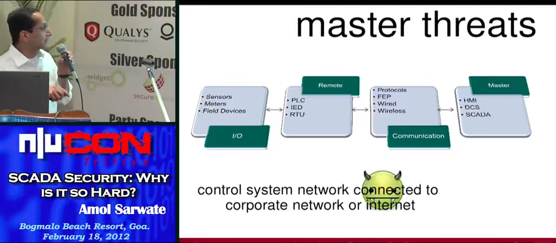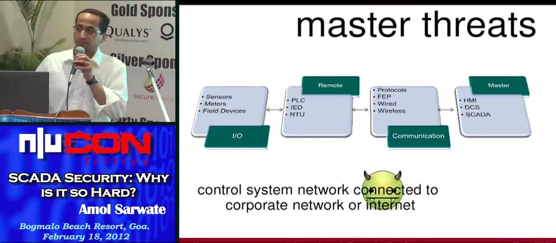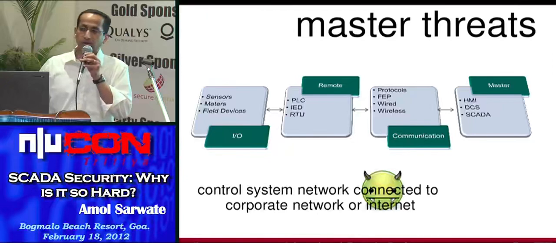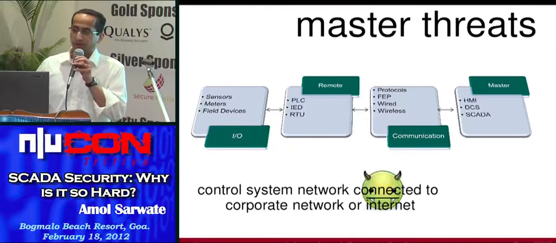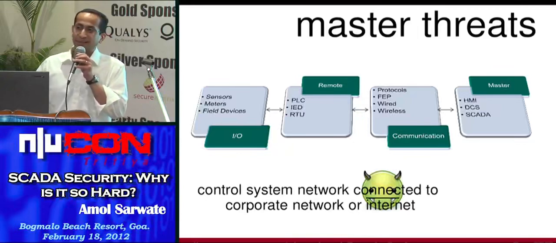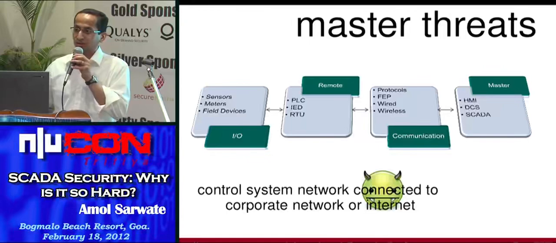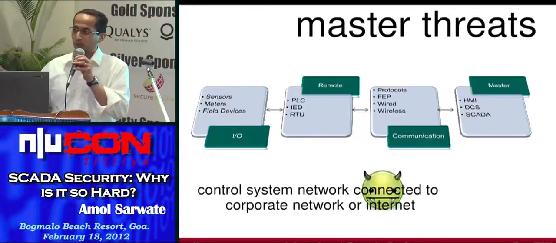Traditionally, this entire thing is supposed to be air-gapped. So your control system, which monitors power or monitors pressure or anything like that, is supposed to be totally air-gapped from your workstations, your network that you use to send emails or go to the web or do some research.